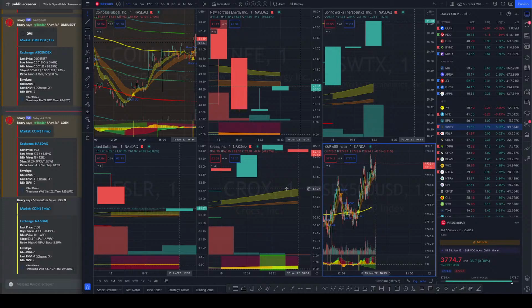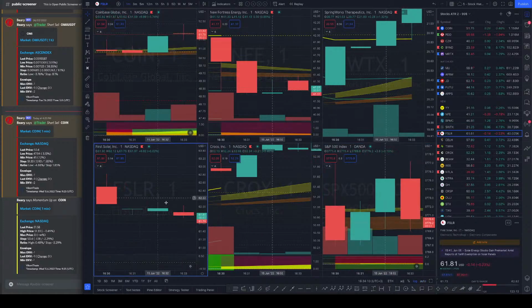Yeah, so for the better view, also enable the extended market data. Of course, you have already some price movement in the pre-market, and it makes the indicators smoother.